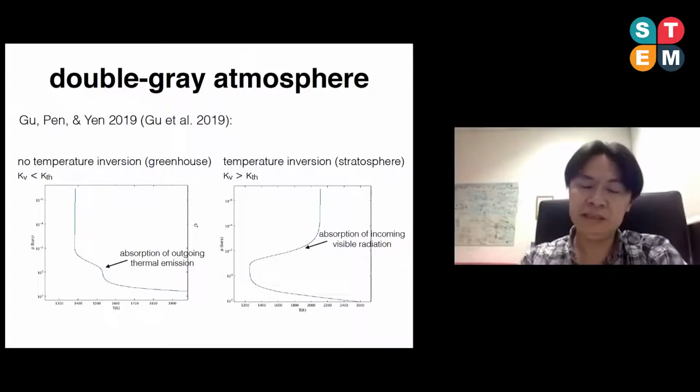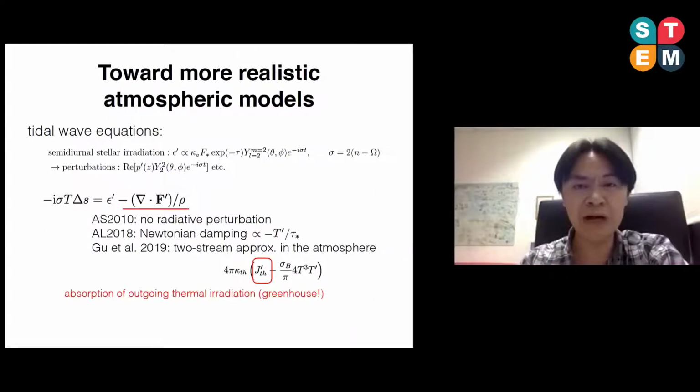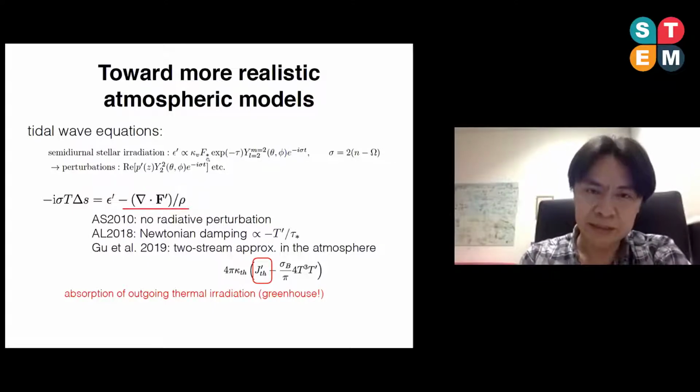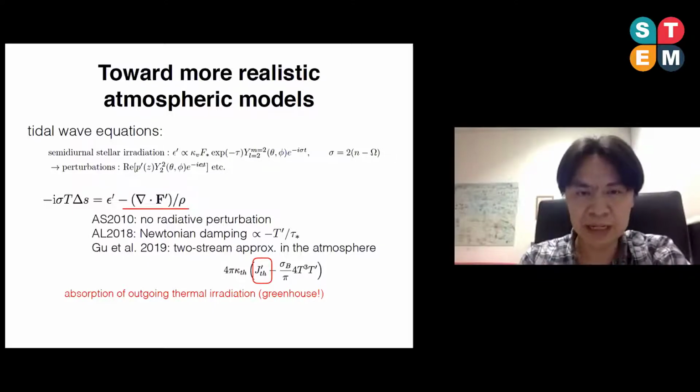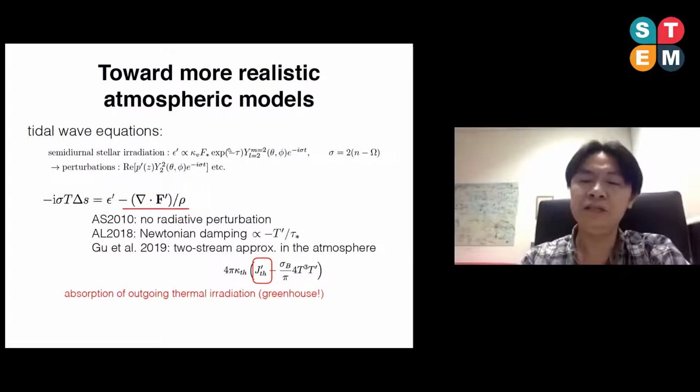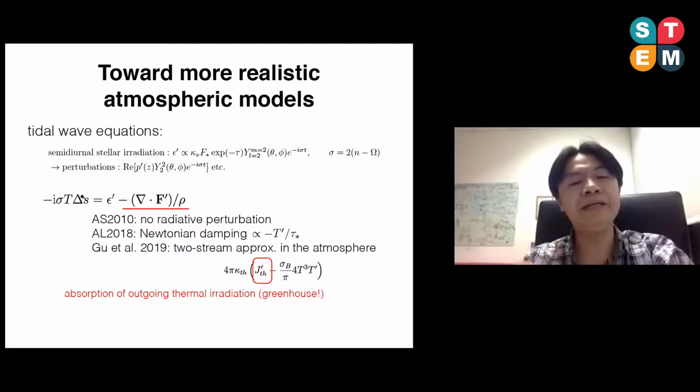With this temperature profile as a background, we are able to carry out linear perturbation theory to investigate how these thermal tides respond to the stellar irradiation in order to produce the thermal bulge. The most important term is in the energy equation, which is the entropy gradient, including two terms.